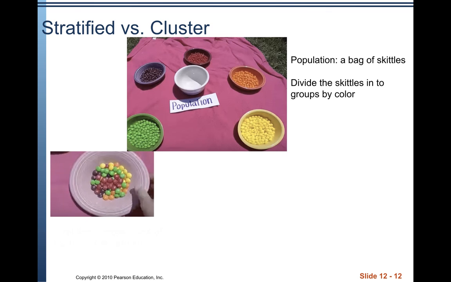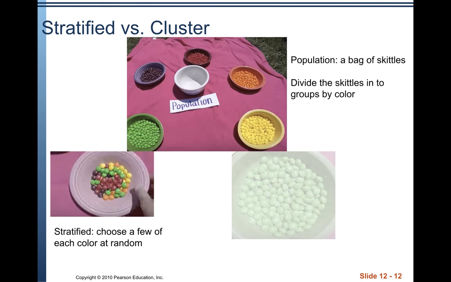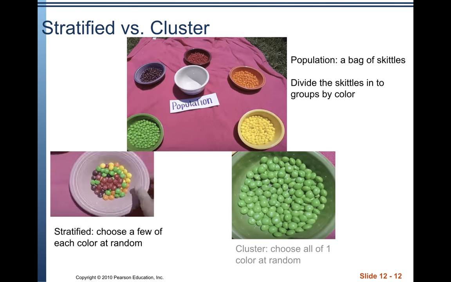A stratified sample would mean I choose a few greens, a few yellows, a few oranges. I choose a few of each color at random. That would be a stratified sample. Whereas a cluster sample would be, I choose all of one color at random.